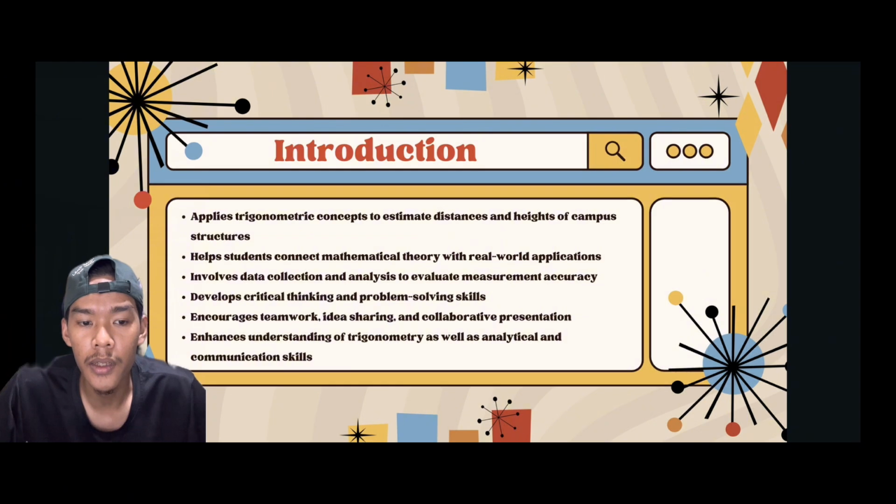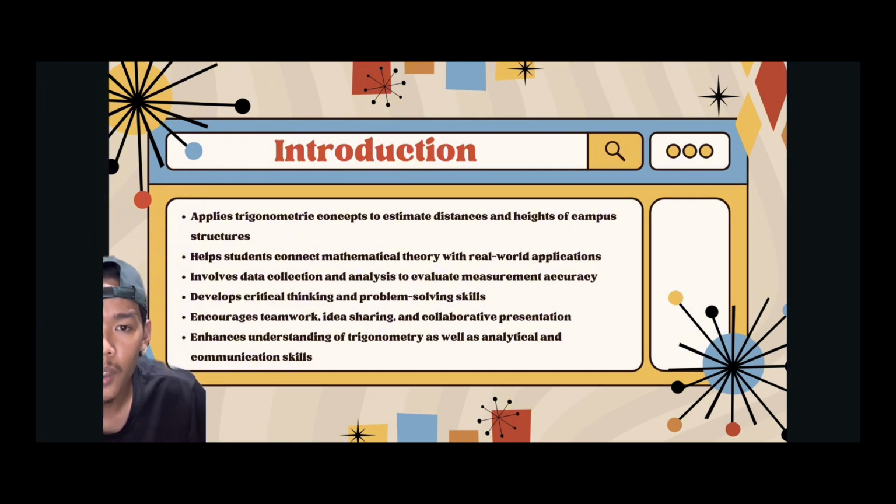Next is encouraging teamwork, idea sharing and collaboration in presentation, and the last is enhancing understanding of trigonometry as well as analytical and communication skills. Okay, let's go to the next content.